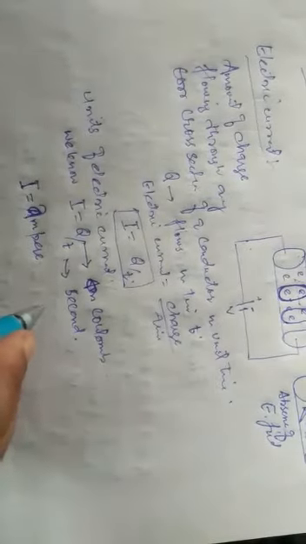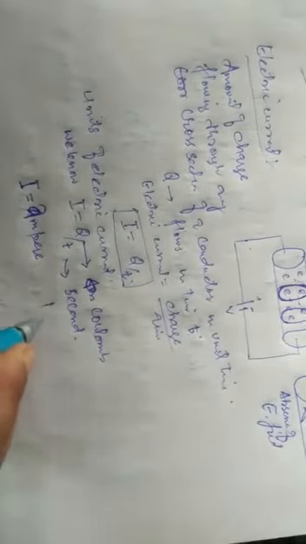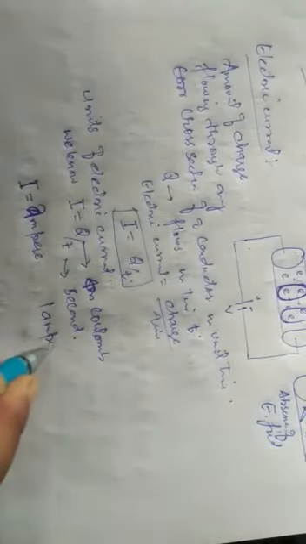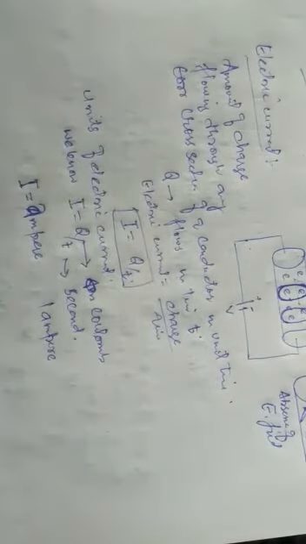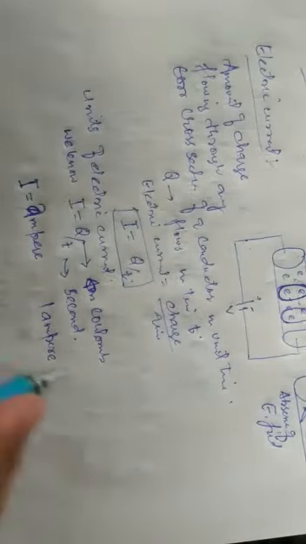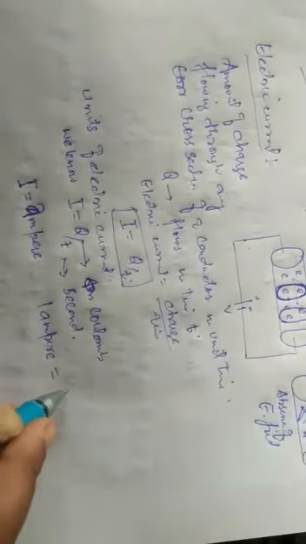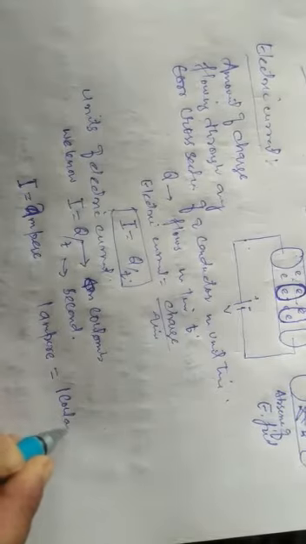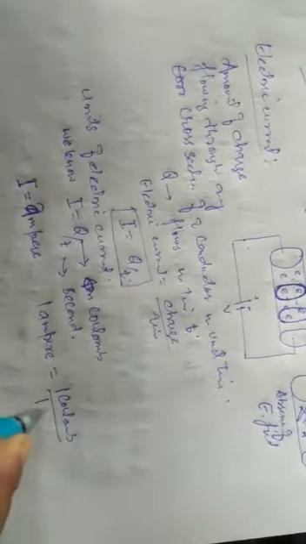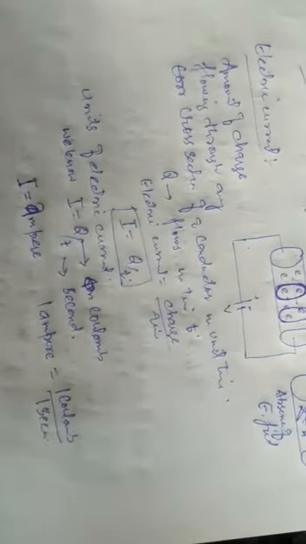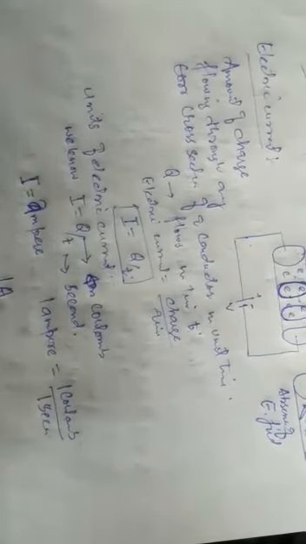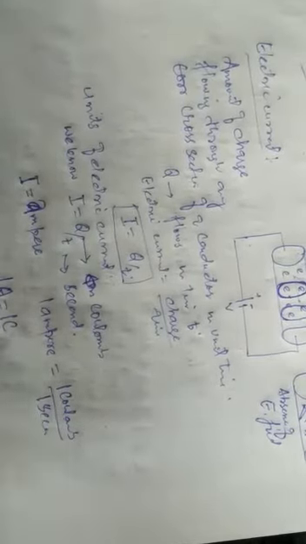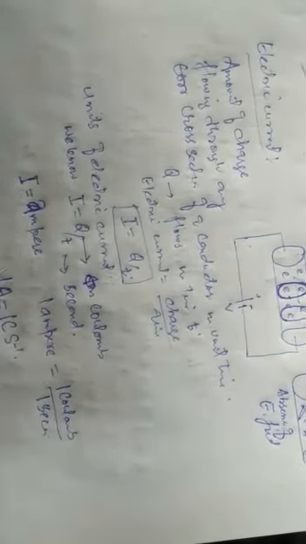So simply, 1 ampere equals 1 coulomb by 1 second. So 1 ampere is equal to 1 coulomb per second.